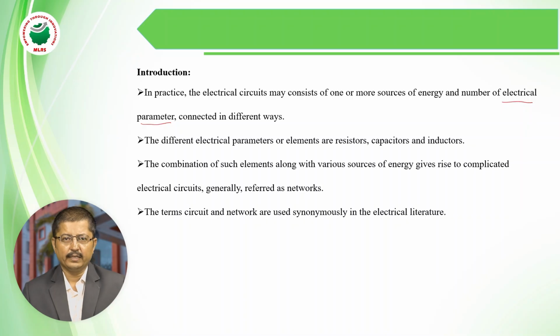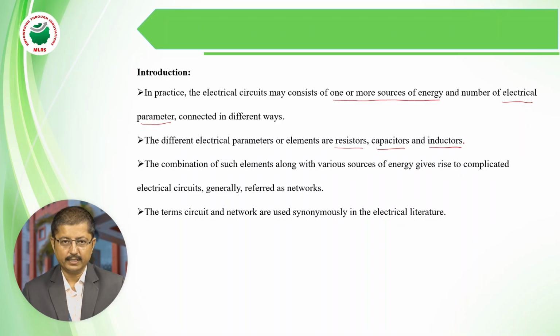They are connected in different ways, like star connection, delta connection, series connection, or parallel connection. Depending upon the connection, the circuit can consist of one or more energy sources, as well as a number of electrical parameters.